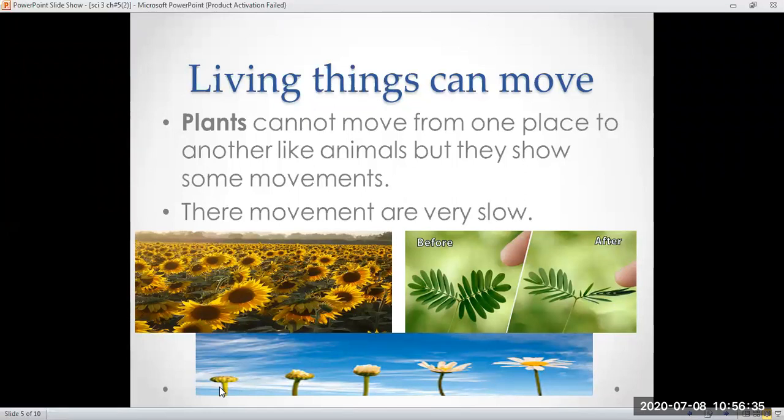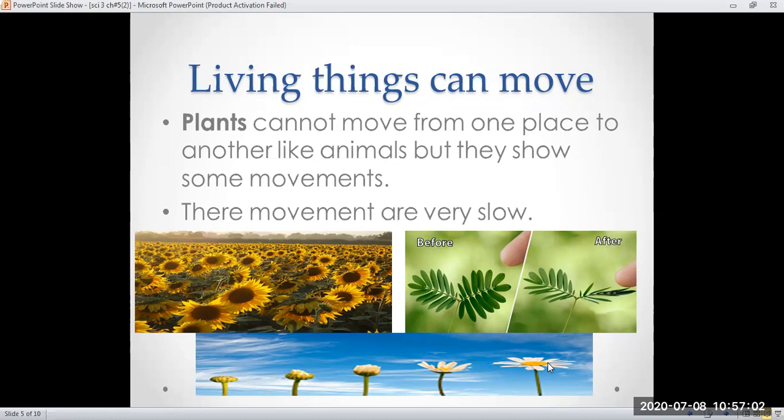And the last thing, how we can see the movement of a plant. You all have seen when flowers bloom. When any flower comes out on a plant, first of all it is like a small bird, a small bird-like form. Then later on these buds start opening, and in the end all the petals of the flower will be open. This shows the movement in the plant.